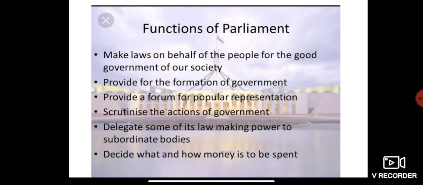Whenever an emergency occurs in a country, the parliament approves it. Parliament also has the power to create a new state or alter the name and boundary of an existing state. All those freedoms are given to the parliament, and that is how a parliament functions in a democratic country.